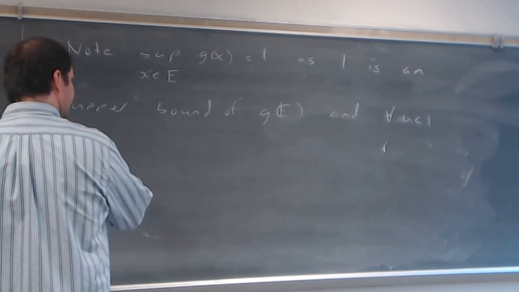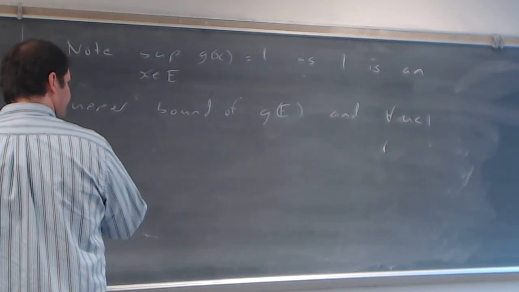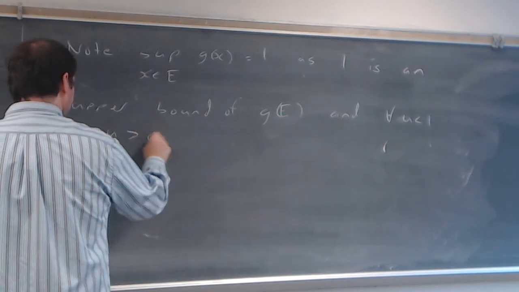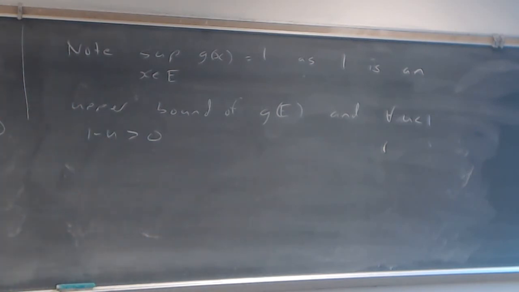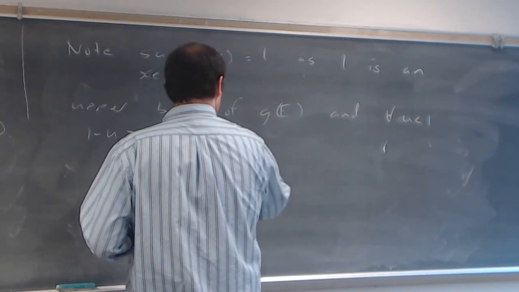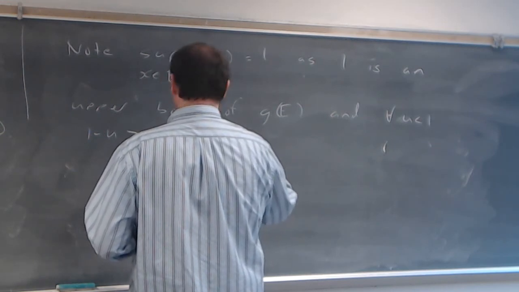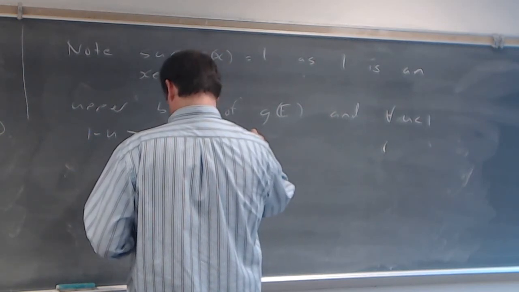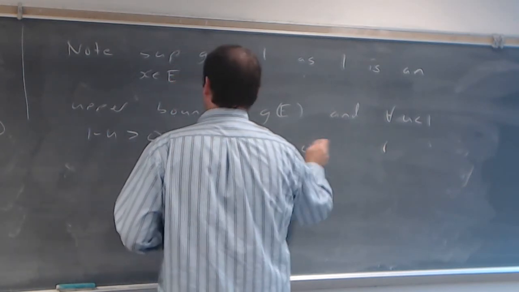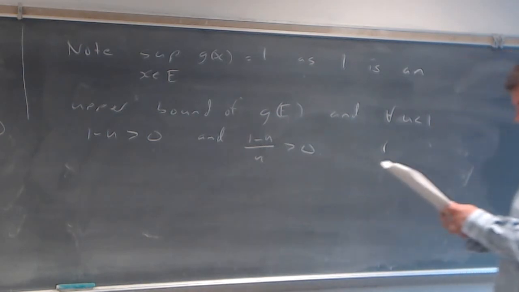So if you give me something less than it, it cannot be an upper bound. Let's show that. This would say that 1 minus u is greater than 0, and that would say that the quantity 1 minus u over u will be greater than 0.